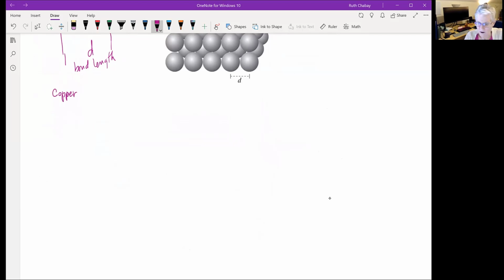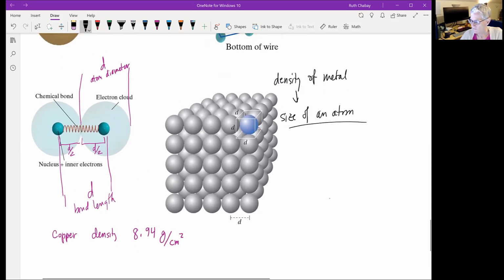And copper has a mass density of 8.94, usually given in grams per cubic centimeter. When we're trying to get an atomic diameter d out of this, we're going to find the volume of one atom.